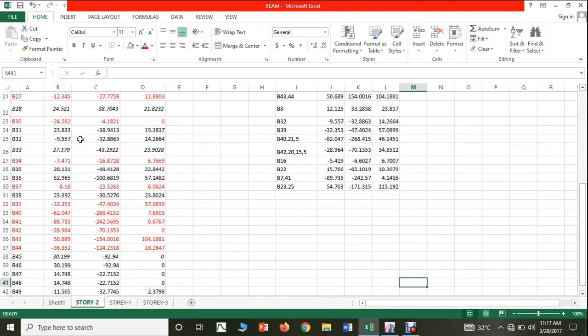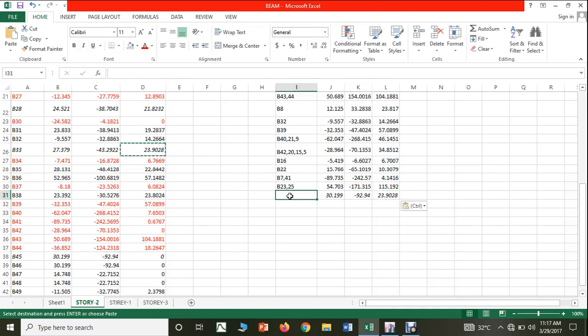So beam 28, 33 and 45. The highest of these two will be 30. Then the negative bending moment will be 38, 43 and 92. Definitely it will be 92, and the positive moment, 23 is there, so it is 23.